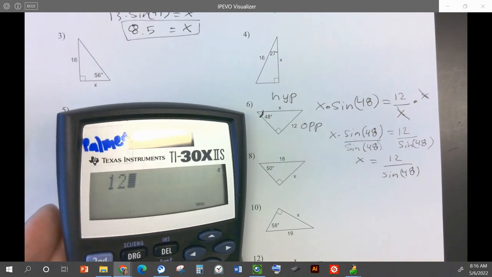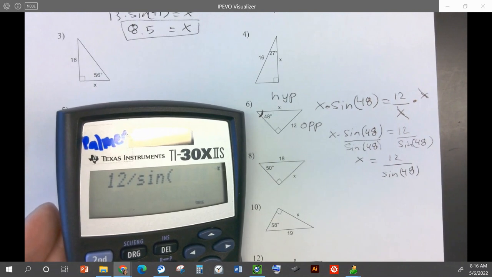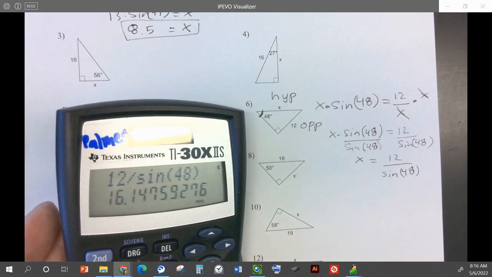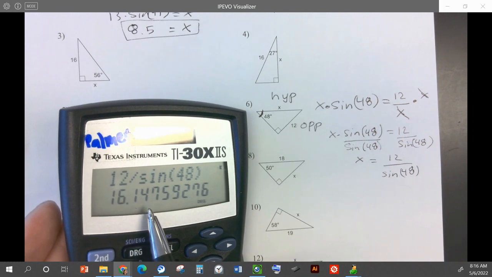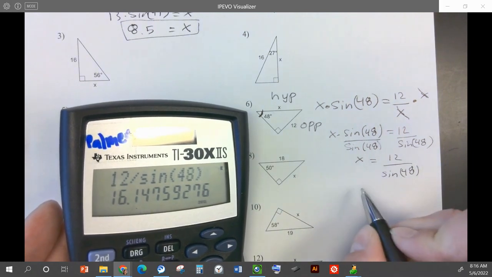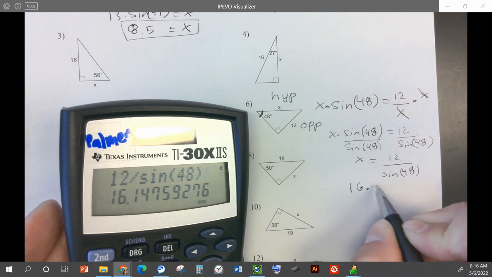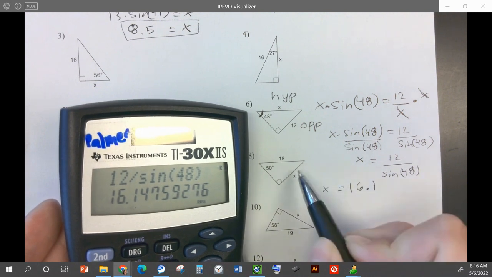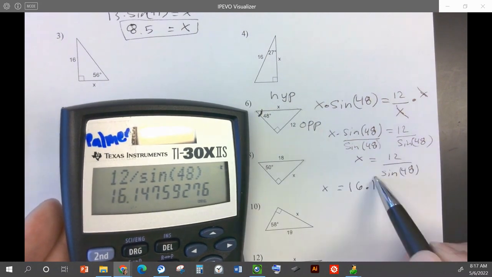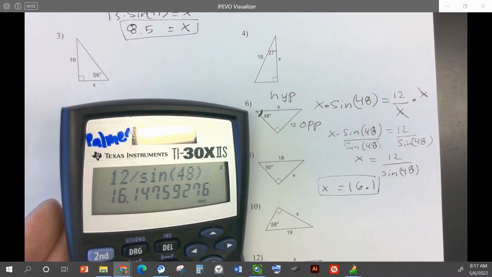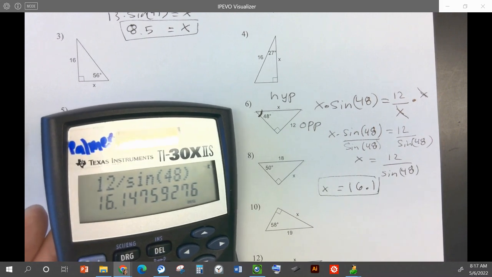We've got 12 divided by sine of 48. And that gives us 16.1. The 4 is smaller than 5, so we're going to round down to 16.1. So we found this side length. That was number 6.